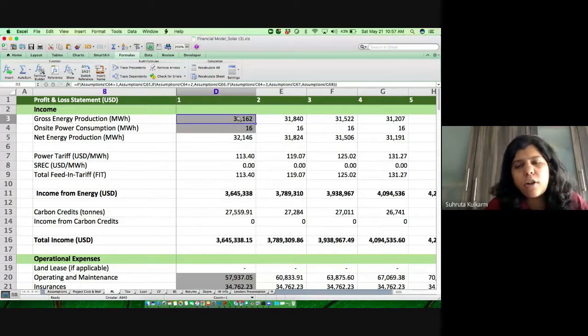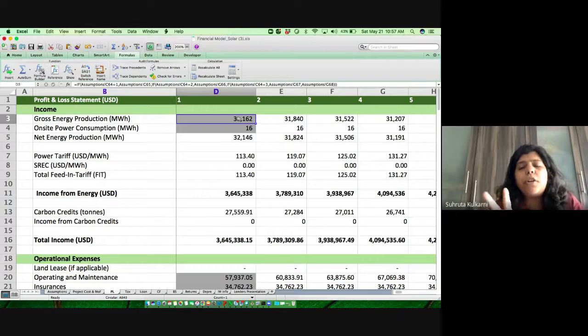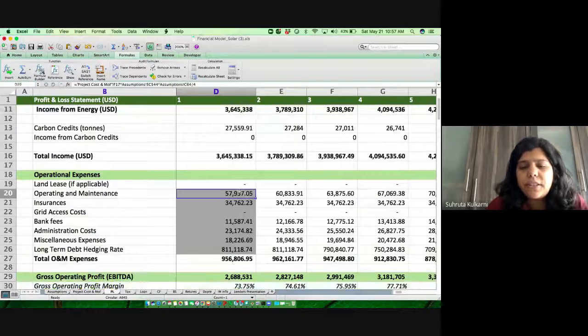I told you, all formula cells should be white. The reason is, for the first year, many a time there is a different calculation, because the first year could be your half operational year. There could be some disturbances in the first year which you have taken care of in the modeling. So that is why some of the calculations for the first year are different, and hence I have grayed them.